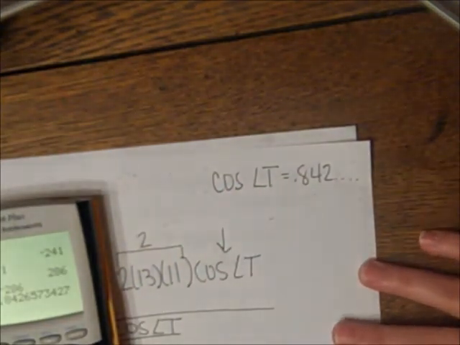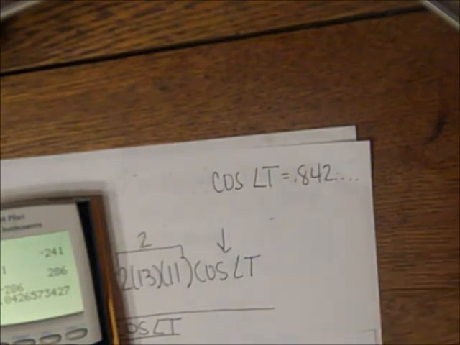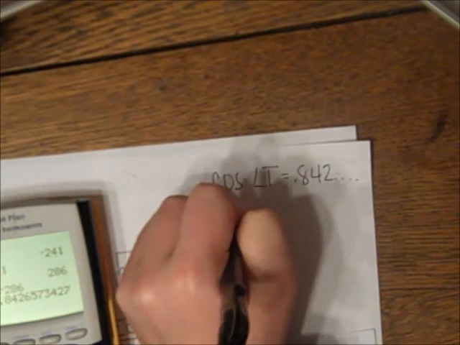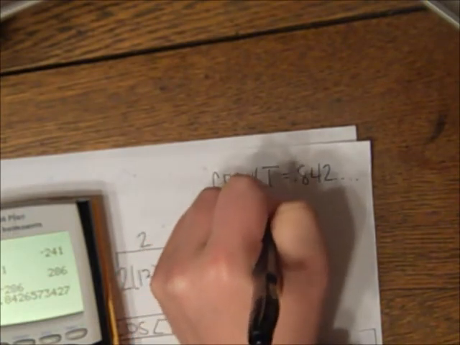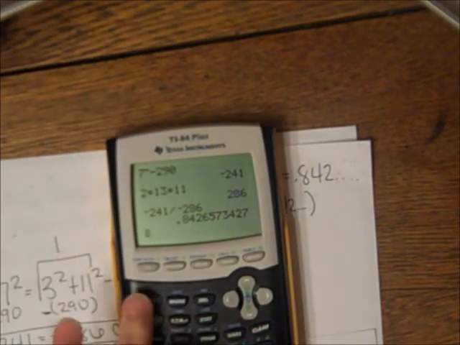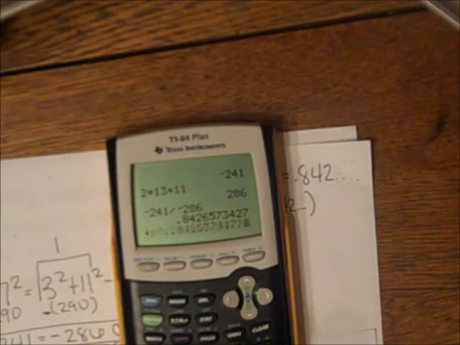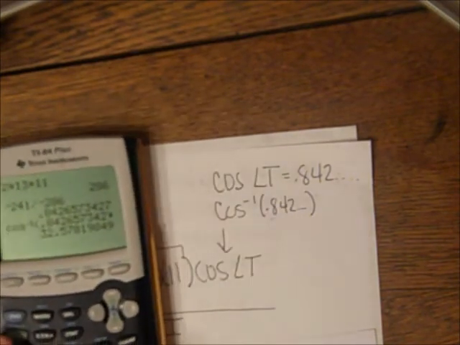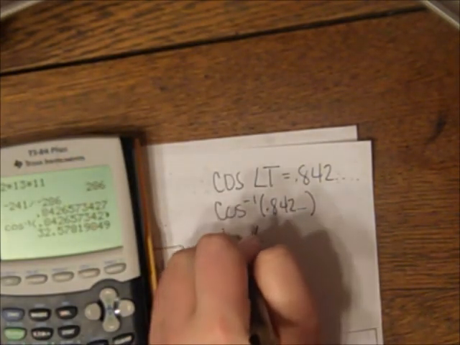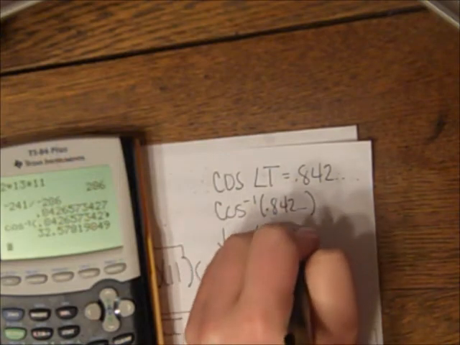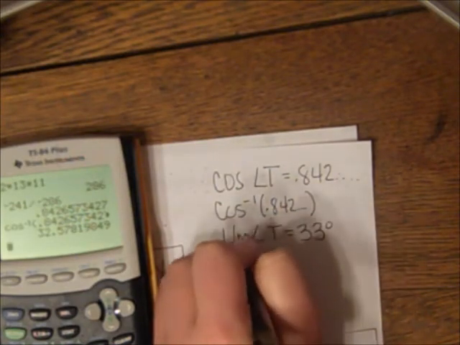So my third and final step to solve here, if my answer is an angle measure, I have to do inverse somewhere. So I'm going to do cosine inverse of 0.842 blah, blah, blah. And my final answer is the measure of angle T is equal to 33 degrees.